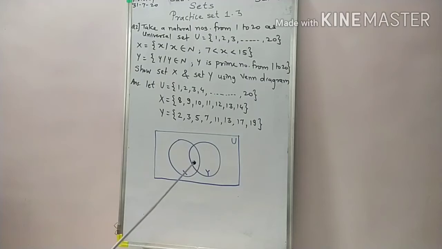Why do we do so? Because there is a rule that each element is represented only once, and 11 is in both X and Y. Similarly 13 is in both X and Y. So 11 and 13 we write in this common part.